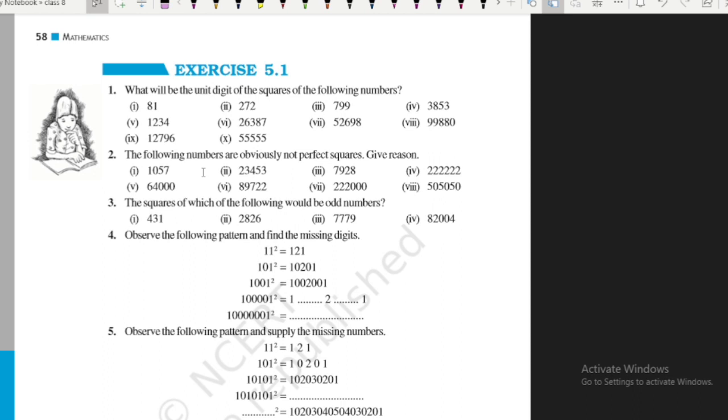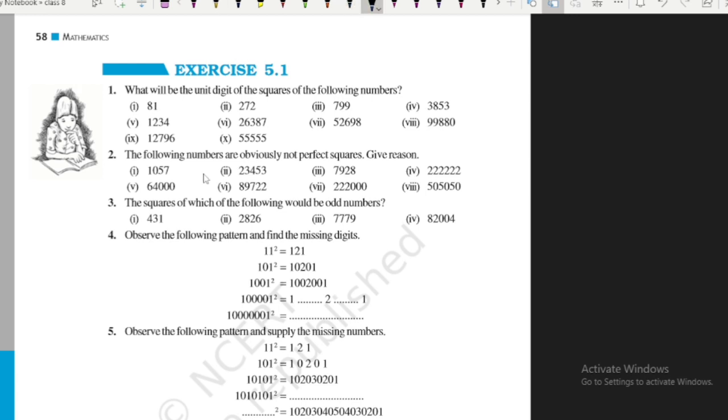Here we are going to take up exercise 5.1. We can answer the following questions. Dear students, you already learned the properties. Depending upon the properties you can answer the following questions. Here they are asking what will be the unit digit of the squares of the following numbers. When you square this number, you have to tell what its unit digit is. How can we tell this?